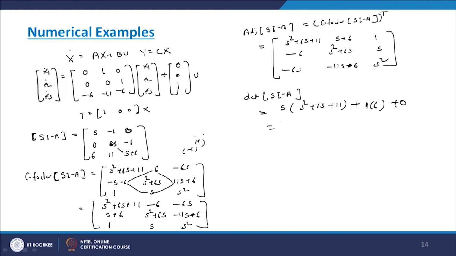So, we will get s cube plus 6s square plus 11s plus 6.